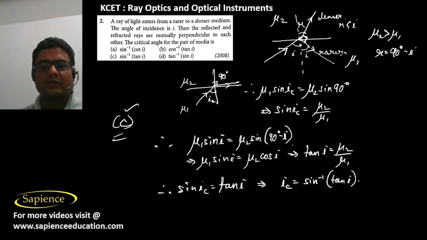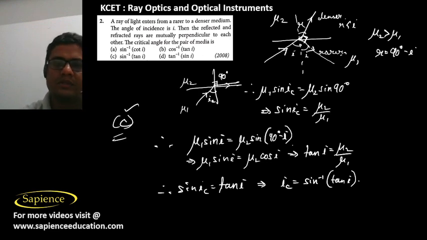Sorry, for the critical angle, the ray should not go from rarer to denser. It should go from denser to rarer. There is something wrong here, sorry. The ray should go from denser to rarer for the critical angle of incidence.